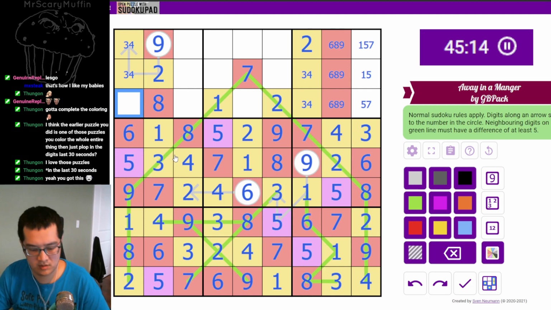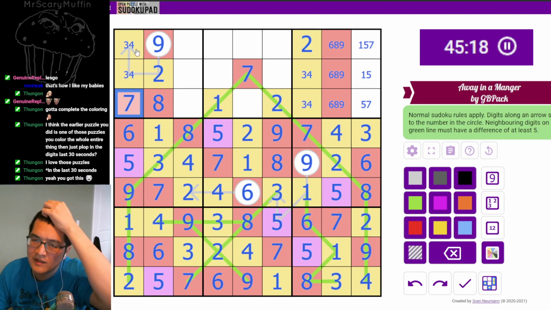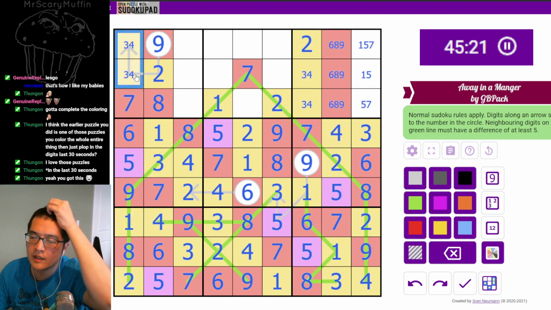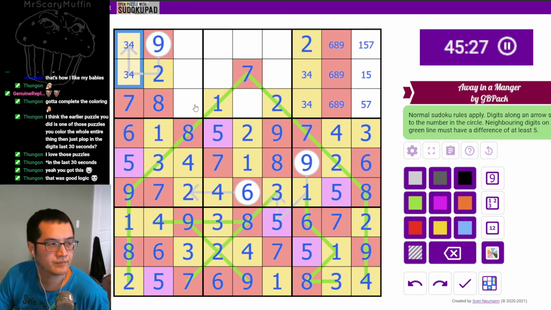What's missing here? 7? I sure hope that logic was right. That felt kind of wonky to me. Yeah, because we could have a 1 in there. The only other way you can get a low number is 2, 3, 4. Okay, that should be correct.